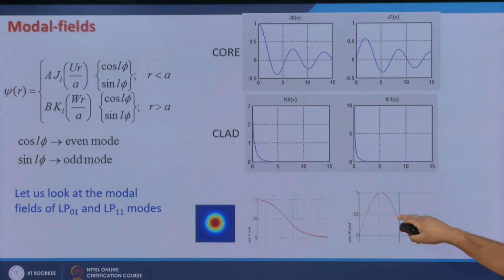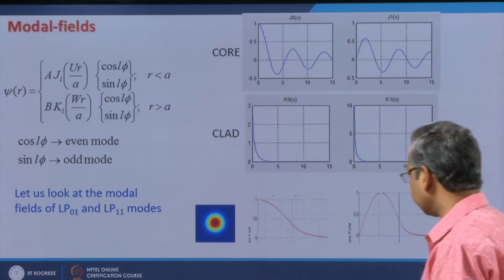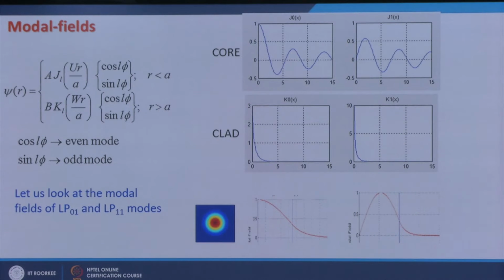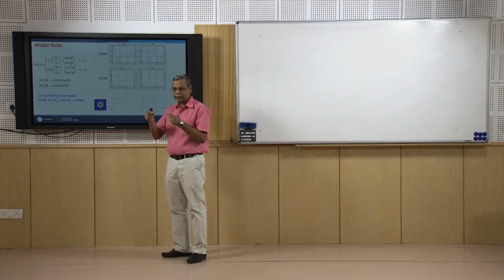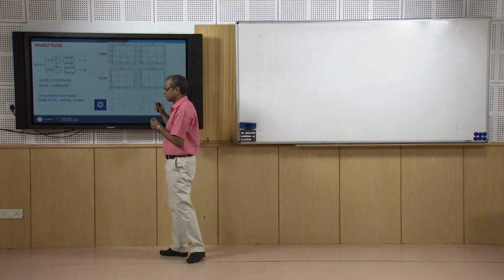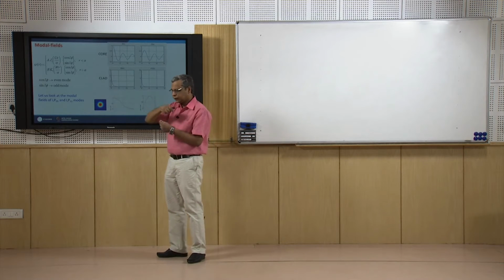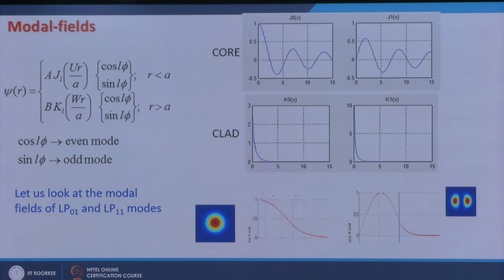However, for the LP11 mode I can have a cosine phi solution and a sine phi solution. If I take the cosine phi solution, at phi equal to 0 I have a maximum, and at phi equal to pi by 2 I will have 0, and so on. If I rotate it like this in the phi direction, I will get this kind of density plot or intensity pattern.